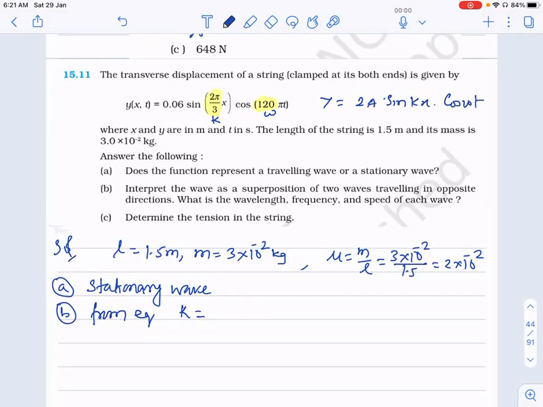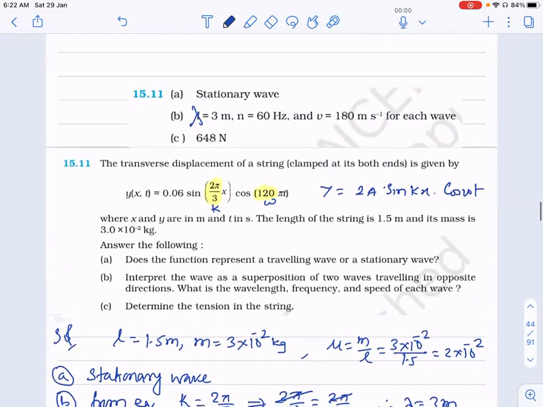These are the standard waves. तो x का कोएफिशिएंट k होता है, which is given 2 pi by 3. कॉमन तो नहीं है बाहर, कुछ कॉमन नहीं लिया ना. If it is there, you multiply inside and then equate. So outside is nothing. It is only 2 pi by 3. तो k कितना होता है? 2 pi by lambda, which is 2 pi by 3. 2 pi goes. Therefore, lambda is equal to 3 meters. Got it? Lambda की value 3 meters.